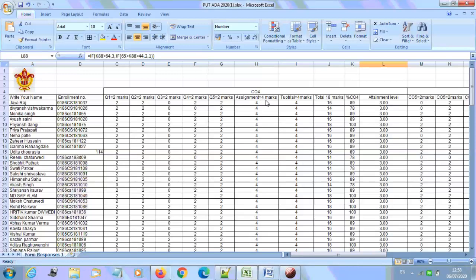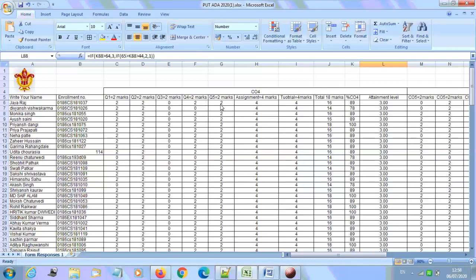Now see what happened. I have added all the marks, so the total marks will become 18. That is 2, 2, 2, 2, 2, which is 10, and 4 and 4, which is 8. That is 18 marks total. That is the score of a student: 2, 2, 0, 2, 2. In question 1 he secured 2, question 2 he secured 2, question 3 he secured 0 marks, question 4 he secured 2, and question 5 again 2 marks.